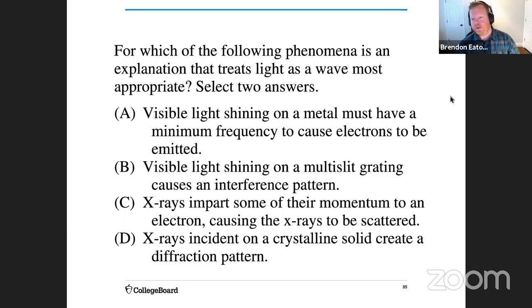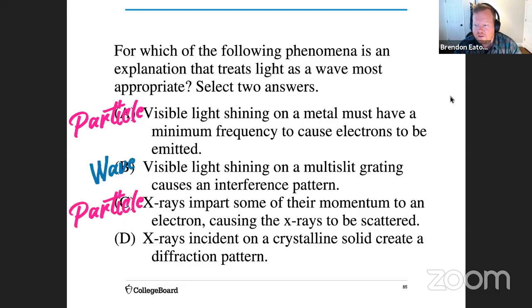All right, so I'm going to point out the ones that are particle. Can you find them? When we talk about particles, particles are definitely ejecting electrons, mainly because of that kind of bumping nature. It's the way we've been thinking about it. And the next one is the Compton scattering. X-rays are scattered because mainly that says momentum.